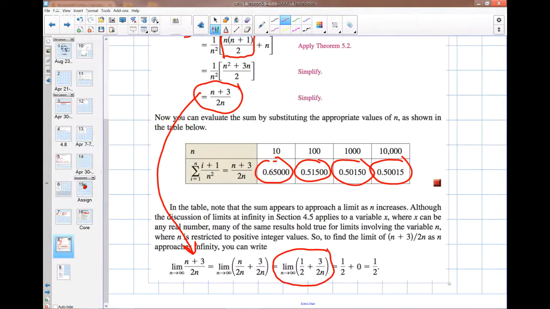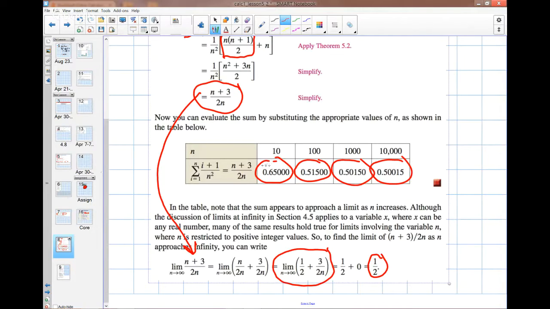To make this story a little bit shorter, what's the limit of 1/2 plus 3 over 2n as n approaches infinity? Well, the limit of 1/2 doesn't change. That's 1/2. And what happens when n approaches infinity in the second fraction? 3 over 2 times infinity? That's going to be 0. Oh, yeah. The limit really is 1/2. And again, we touch this concept of the limit in calculus.